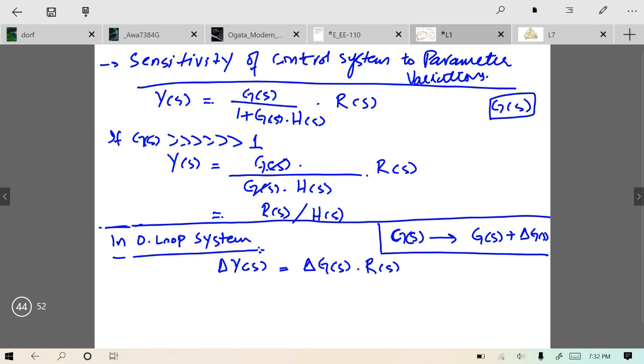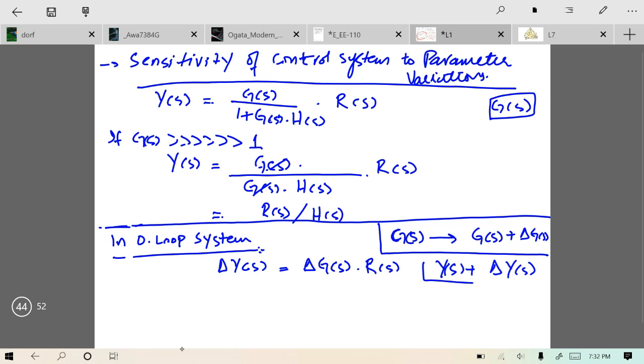So this is kind of a direct relation. There was a G of s which when multiplied with R of s was giving you Y of s. Now there is a delta G of s which when multiplied with R of s gives you delta Y of s. So your overall output would be Y of s plus delta Y of s.